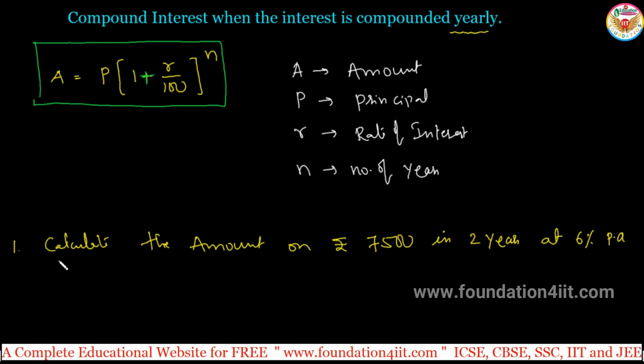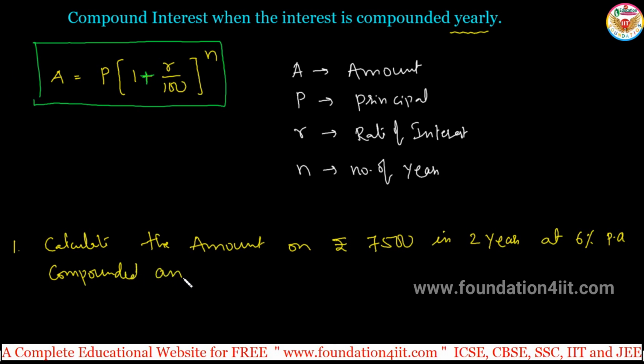They will mention this word compulsorily. You have to check in the question whether they mention compounded annually or not. So this is compounded annually, which means every year the interest will be repeated. That is the meaning of compounded annually.